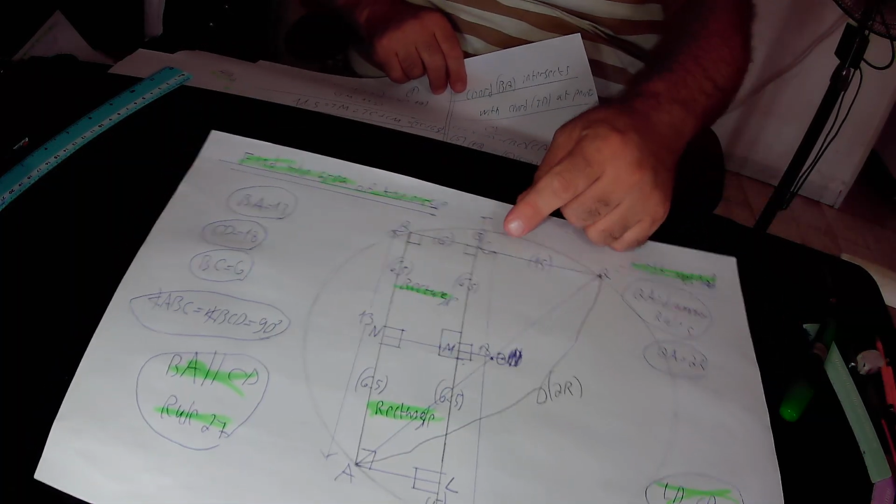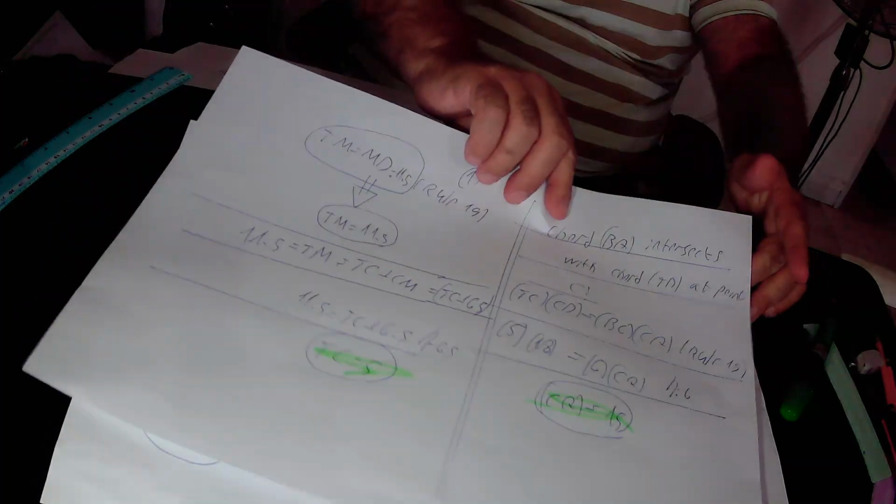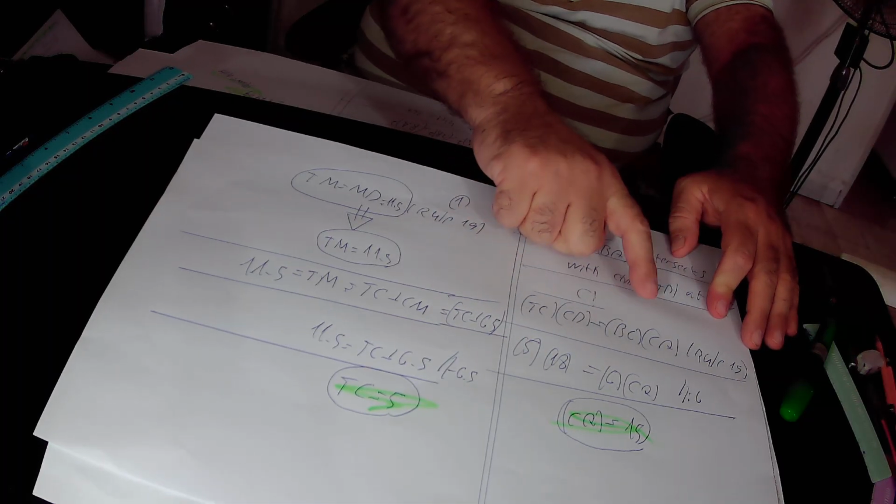TC is 5, CD is 18, BC is 6, and CQ is the missing side.